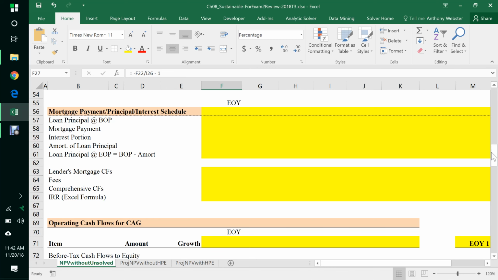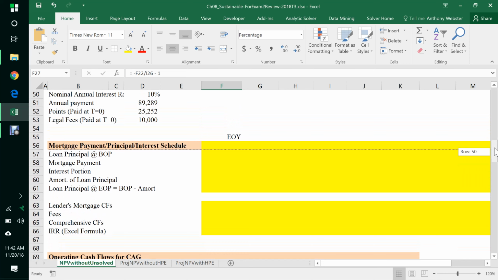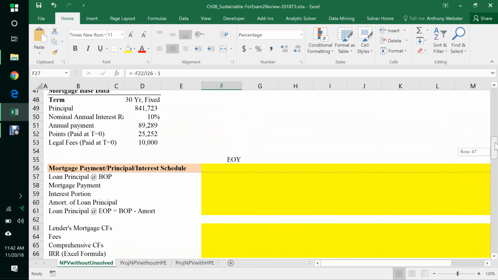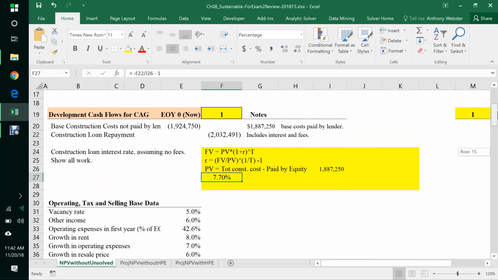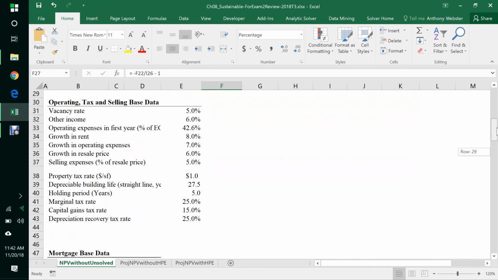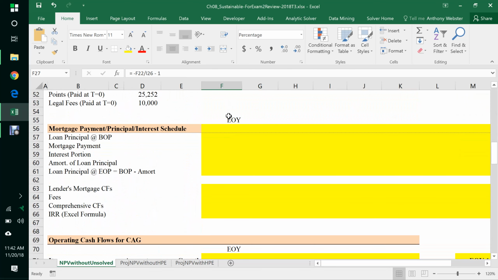Okay, so let me just see if I want that to be end of year 1. I'm just going to go up and make sure that F is my column for year 1, which it is. So that's good. So I'm going to put a 1 here, and I'm going to put a 2 here, and et cetera, et cetera.